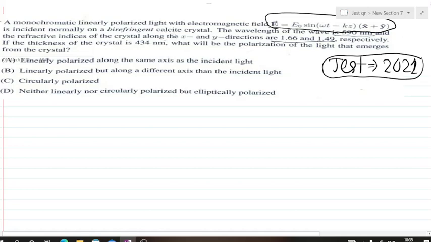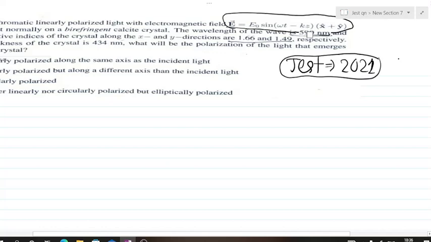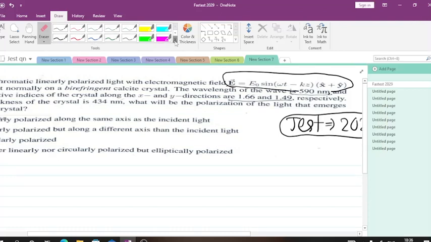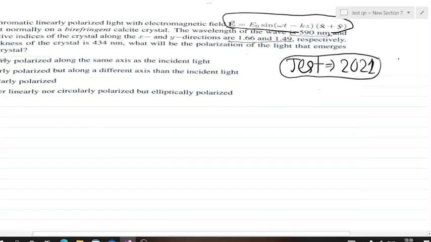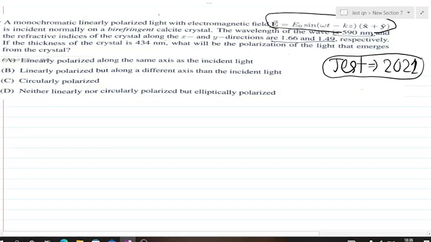The wavelength of the wave is 590 nanometer, and the refractive indices of the crystal along x and y directions are 1.66 and 1.49.